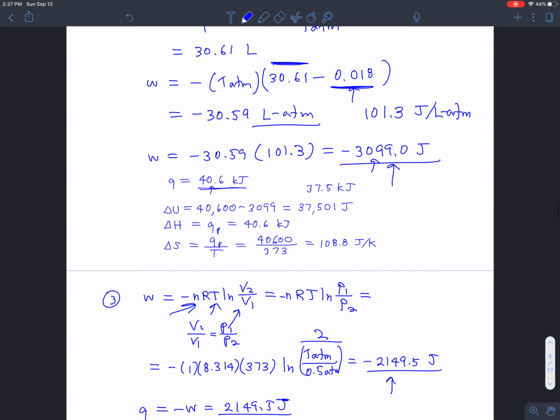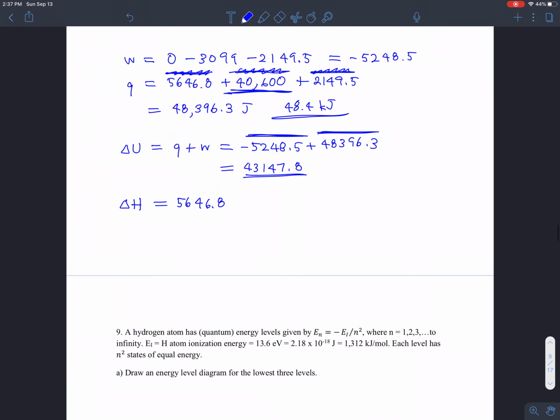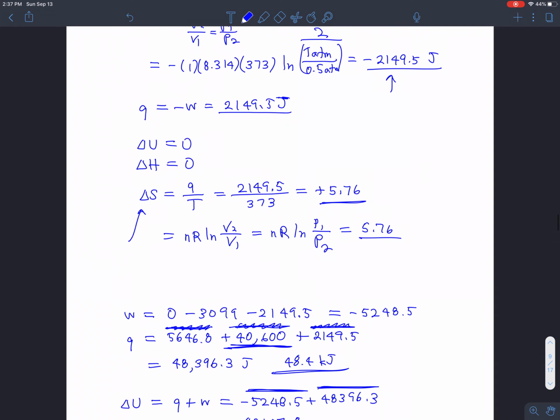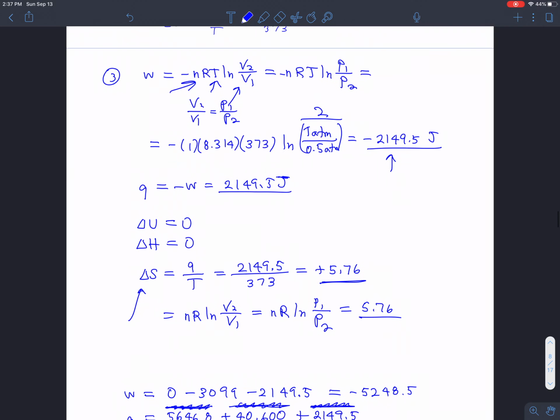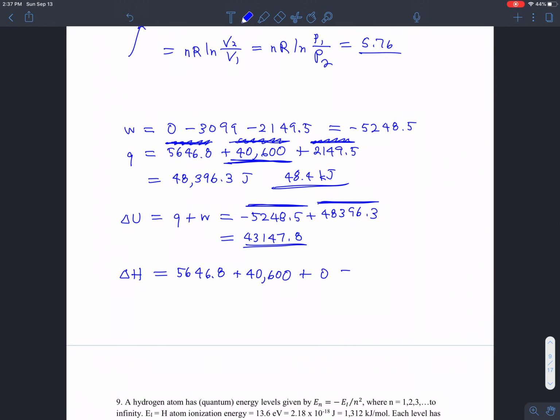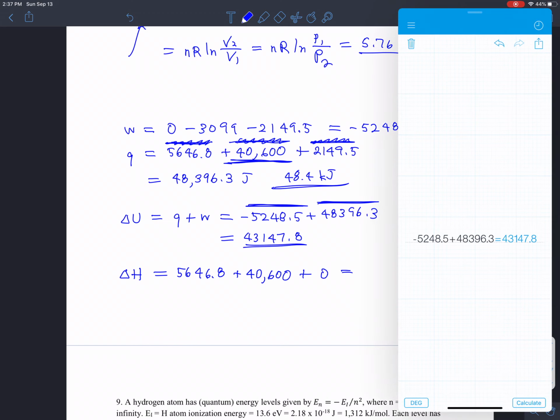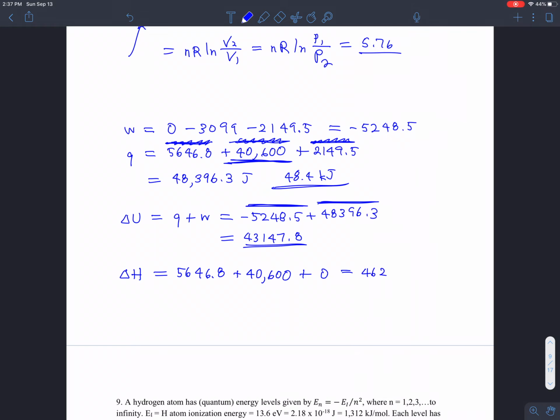Delta H is 40,600 from step 2. That's the vaporization enthalpy. And then delta H is 0 for step 3, and so that is equal to 5646.8 plus 40,600, and that is 46,246.8 joules. So again, dominated by that energy for vaporization.